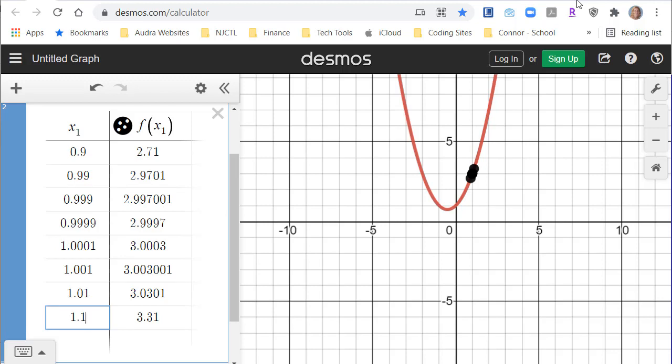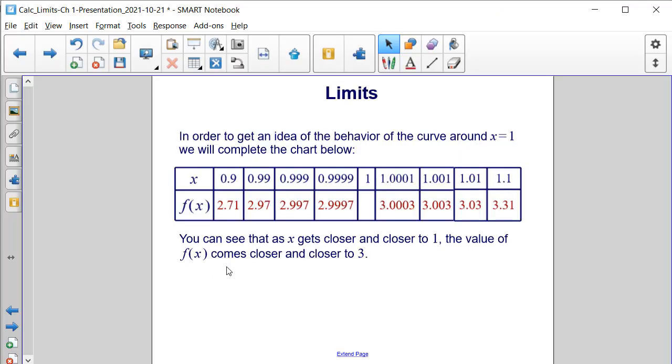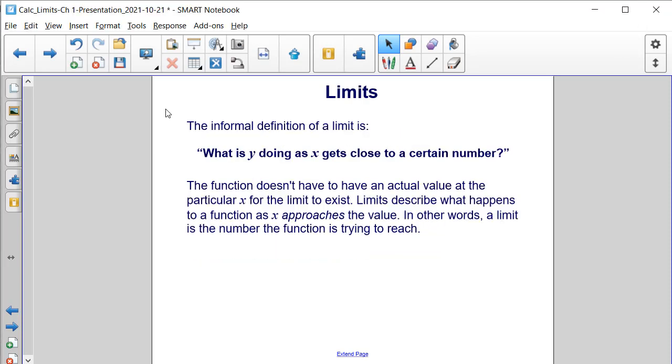We can take these values and fill them in our table. And we can see that as x gets closer and closer to 1, the value of the function gets closer and closer to 3. This is approaching 3 from the left, and this is approaching 3 from the right. The informal definition of a limit is, what is y doing, or the function doing, as x gets close to a certain number?